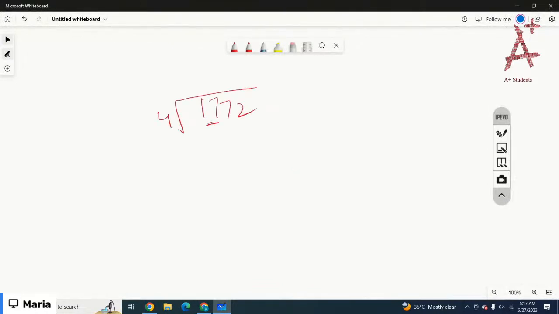Okay, so you have to count 4 until 17. So 4 times what number is 17? 4 times 4 is 16. So 17 take away 16 is 1. Let's bring the next digit down. Now 17 take away 16 is 1. Now bring the next digit down. You have to count 4 until 12. So 4 times what number is 12? 4 times 3 is 12.